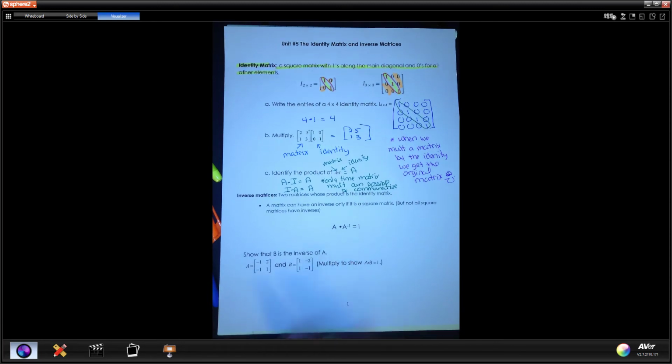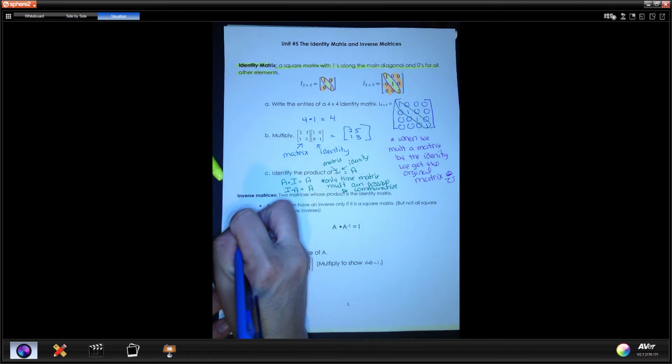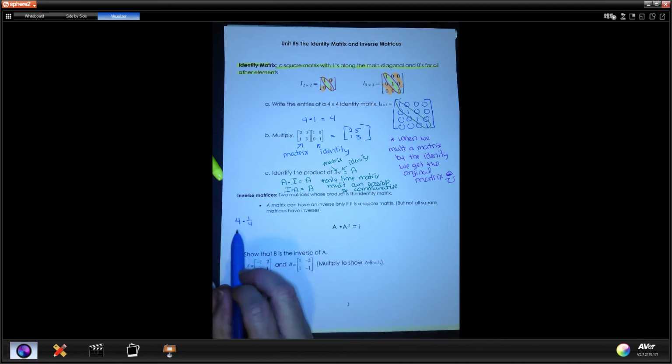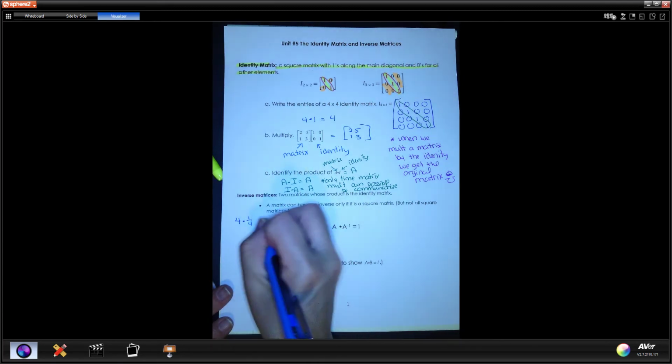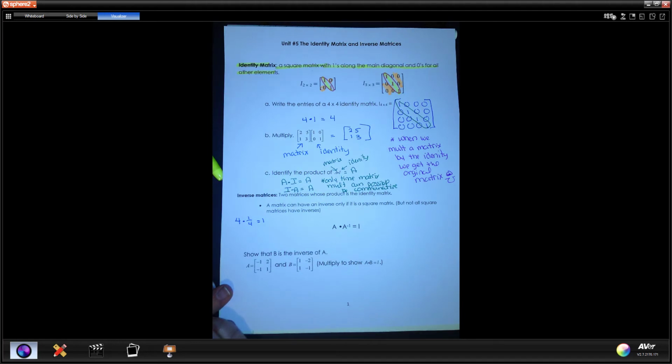Then our last little thing that we are just going to touch on super briefly is inverse matrices. Two matrices are going to be inverses of each other when their product is the identity. If we recall our multiplication rules, if we went 4 times 1/4, because these are inverses of each other, their product is 1.